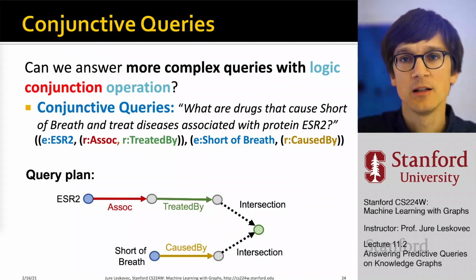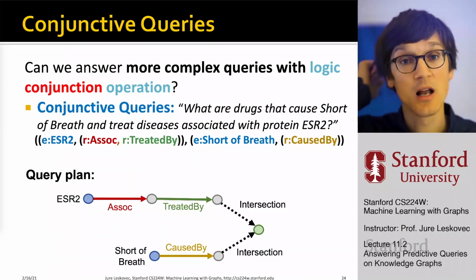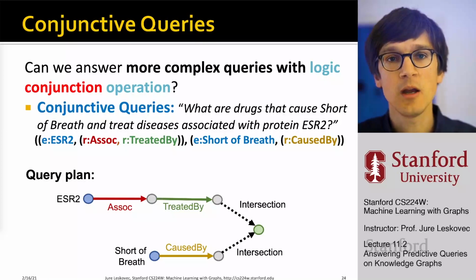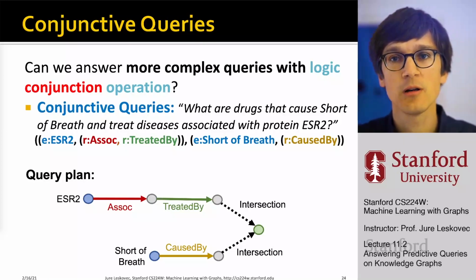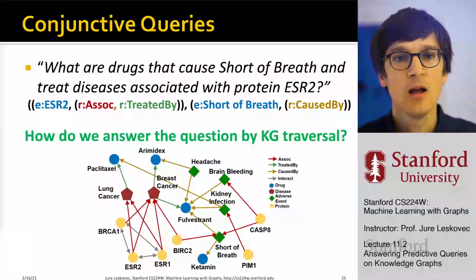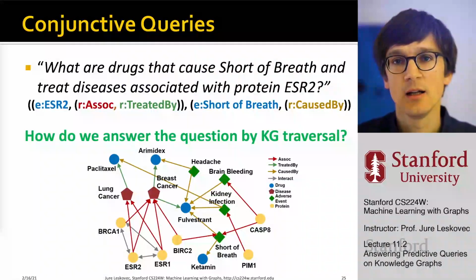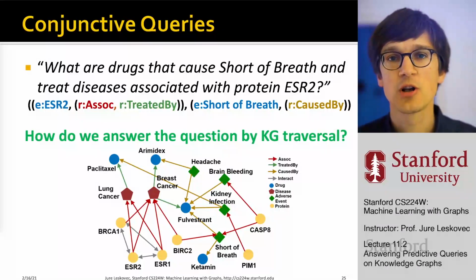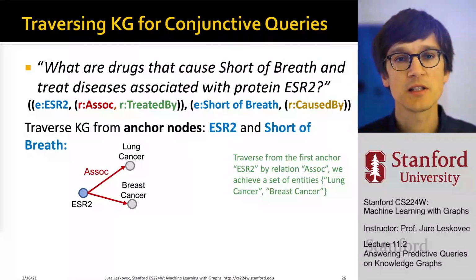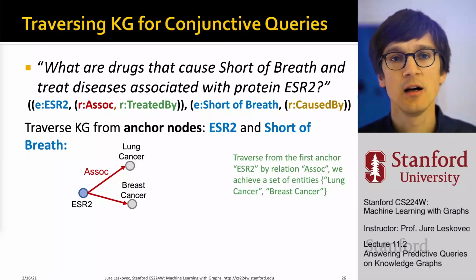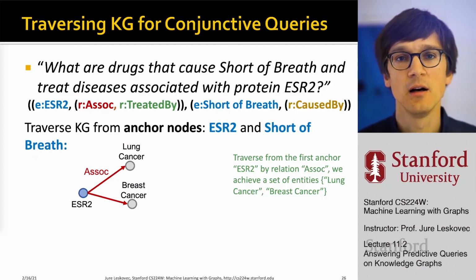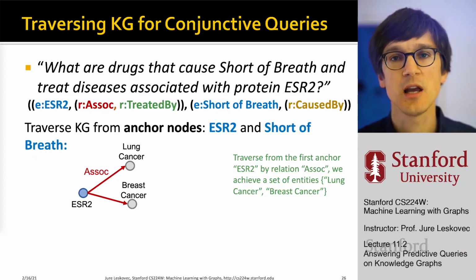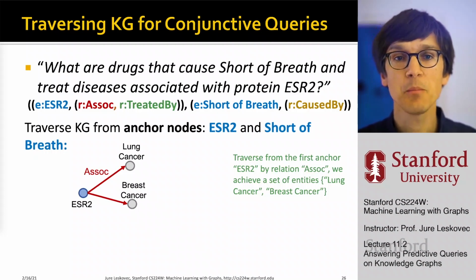If you are a drug developer or a medicinal chemist, this is a real-world query you would like to ask over your knowledge graph. So how would we answer this type of query, if the knowledge graph is complete and we can do knowledge graph traversal? We start with the first anchor entity, ESR2. We traverse across the associated with relationship to get to the diseases associated with this protein.